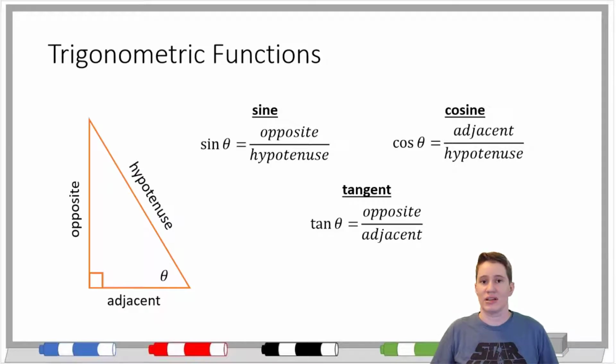The other thing on the screen that you may or may not be super familiar with is this thing next to each of our trig functions and in the triangle as well, that is a theta. It looks like an O or a zero, but it has a line through it.